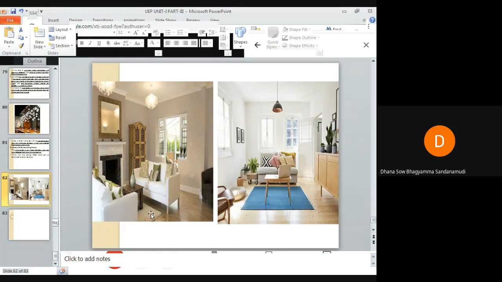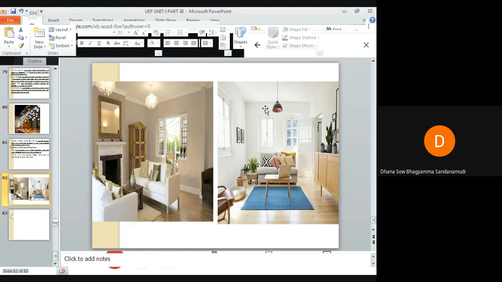You can see this room is illuminated as well as this room is also illuminated. But this room looks a bit darker because of the coloring of the wall. You can see an indirect lamp here in this mirror. Because the walls are dark, even though it is illuminated, it's not looking much brighter compared to this room.